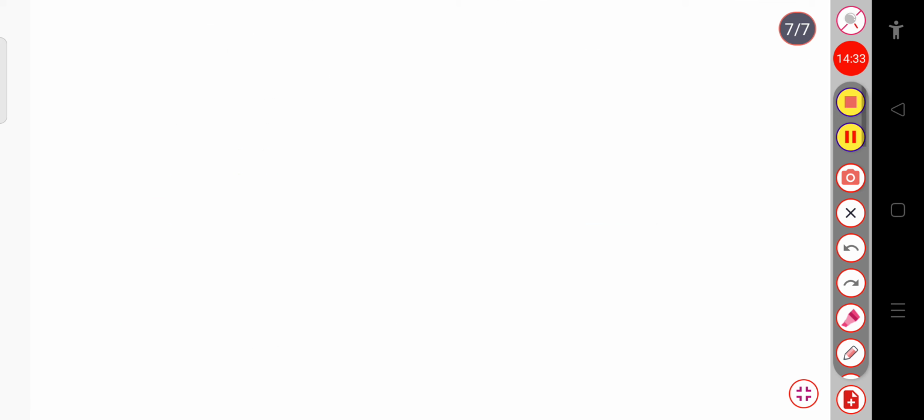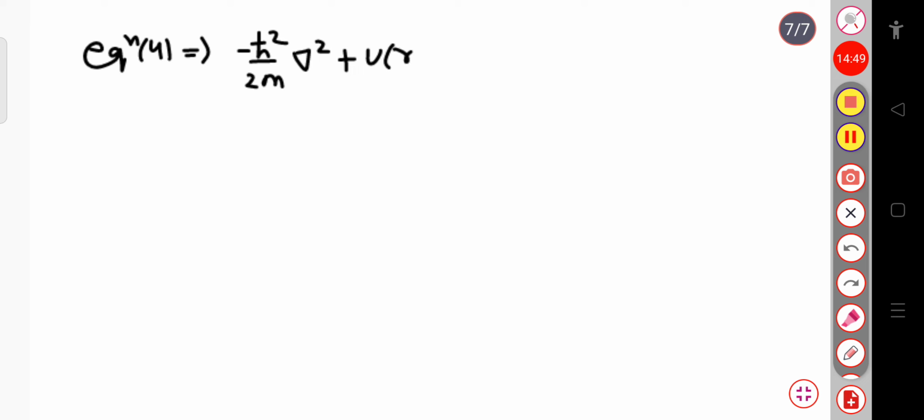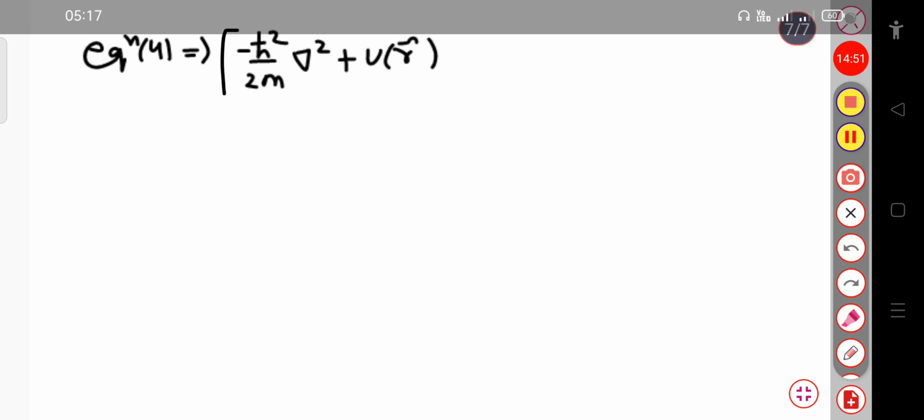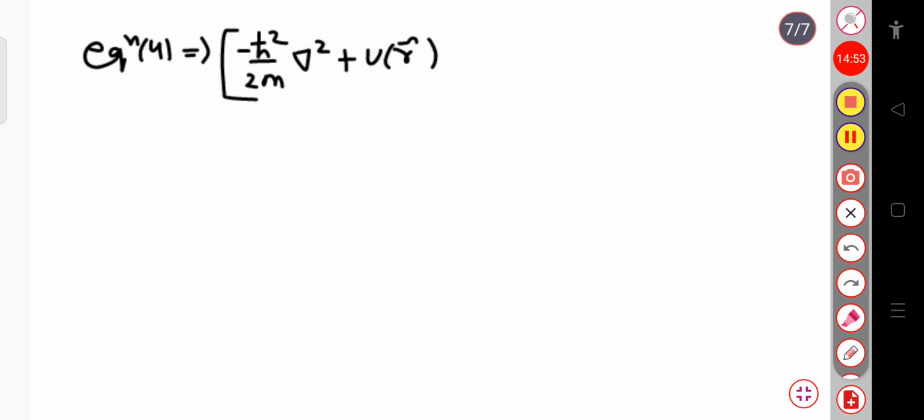So now this equation 4 implies minus ħ² divided by 2m into ∇² plus U of r, whole into psi of r, that is equal to E into psi of r.